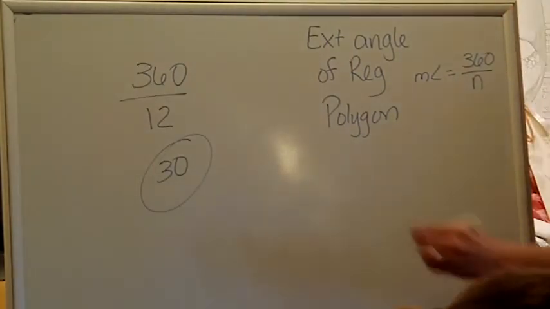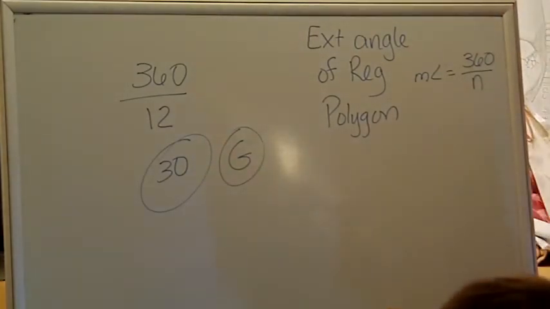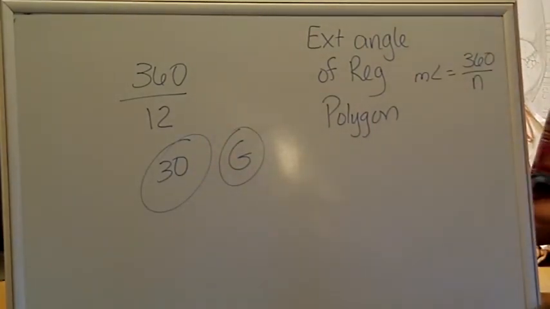So I think the answer is choice G, right? In this case, you need to know how many sides are in each type of polygon. External angle is the easiest one to find though. 360 divided by number of sides. Internal is not too bad. It's n minus 2 times 180 divided by n. What is an exterior angle?